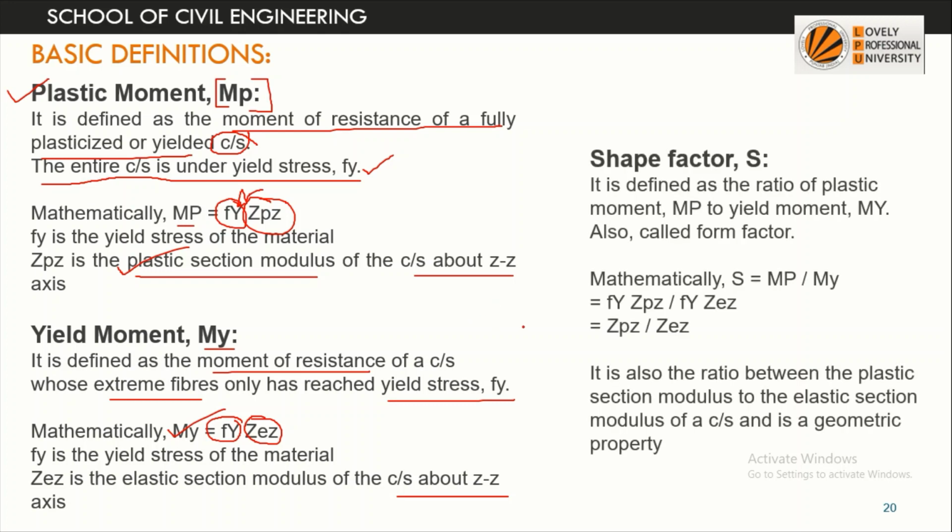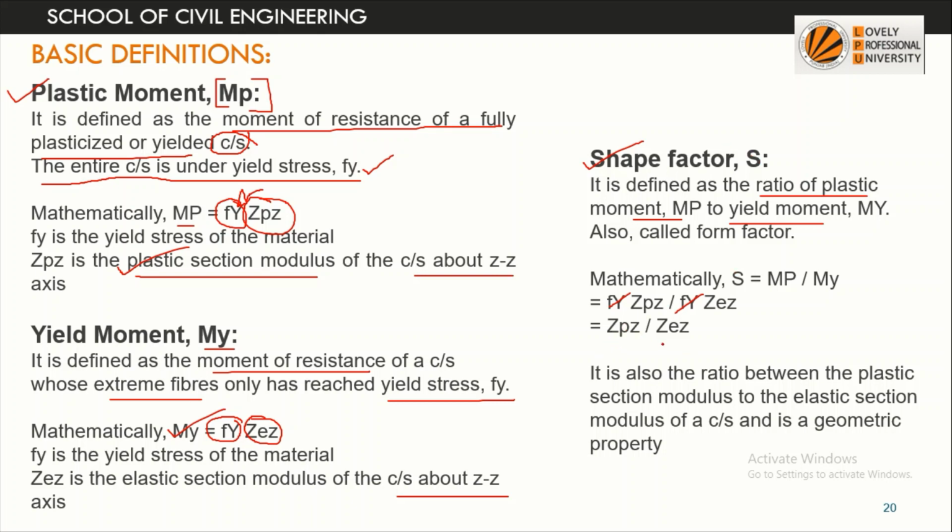Another term is shape factor. Shape factor is defined as the ratio of plastic moment Mp divided by yield moment My. So when we write, we get Fy Zpz by Fy Zez. So Fy cancels out, and we are left with S equal to Zpz by Zez, that means shape factor.